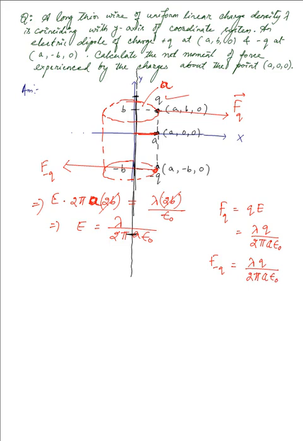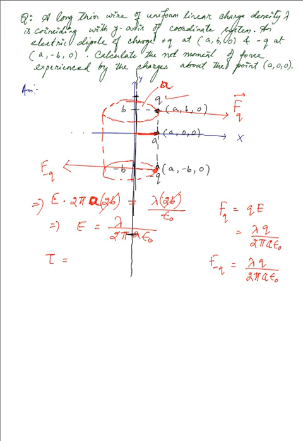Now, with these two forces, the perpendicular distance that is separating the two forces is 2b, of course. So the moment of force, or the torque, is equal to either of the forces, because both the forces are the same, multiplied with the perpendicular distance that is separating the two forces.